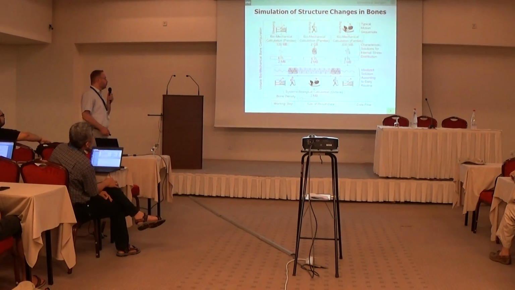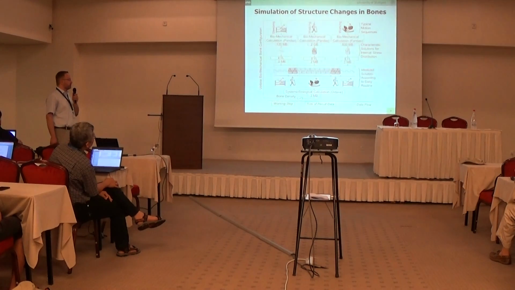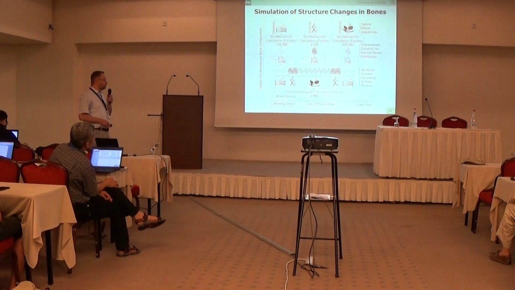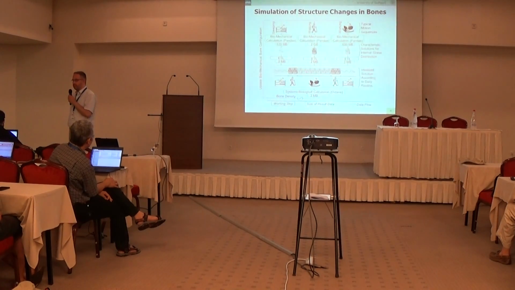So the two main simulation steps: first a biomechanical calculation, which takes as input some typical motion sequences of persons and tries to simulate the internal stress distribution in some human bone.